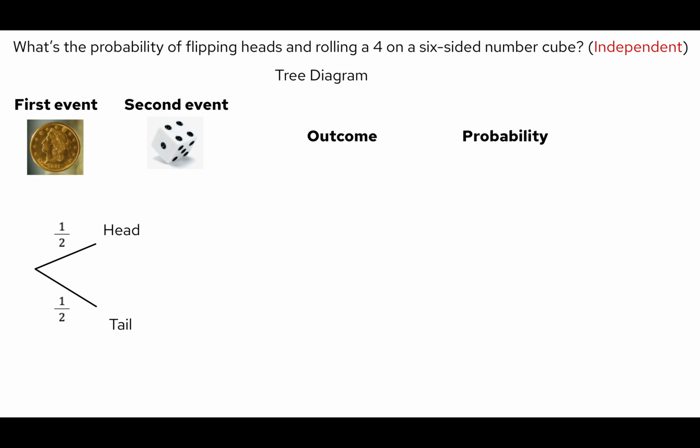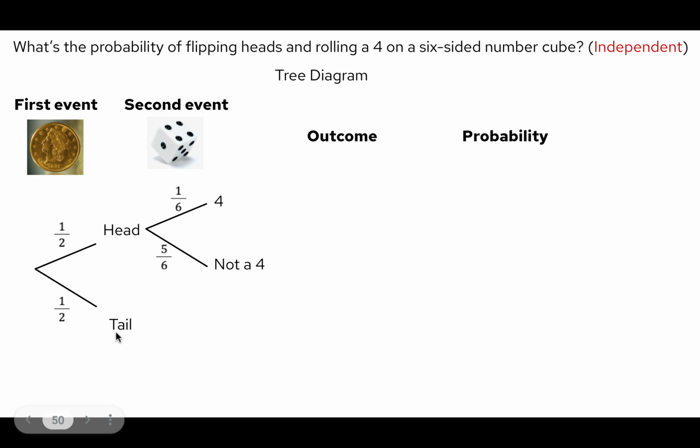The probability of me getting a 4 on my number cube is 1 out of 6. So I can get a 4 or not a 4. The probability of not getting a 4 means I would get a 1, 2, 3, 5, or 6, or 5 out of 6.